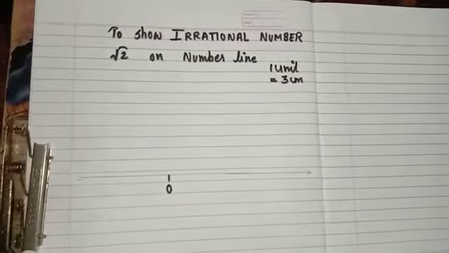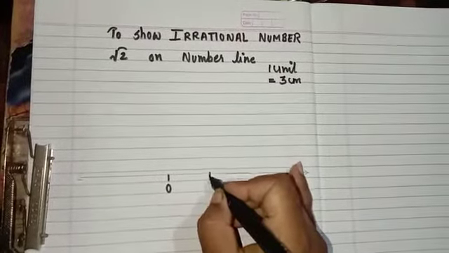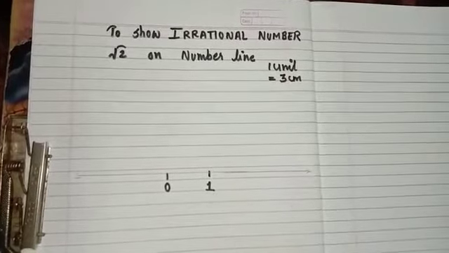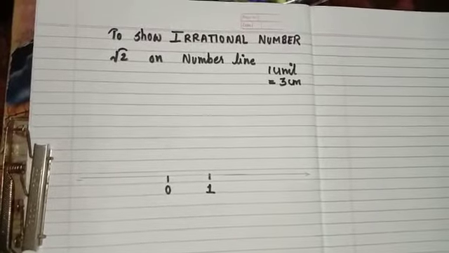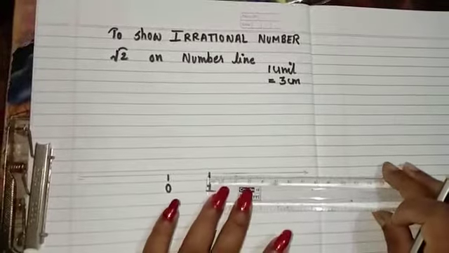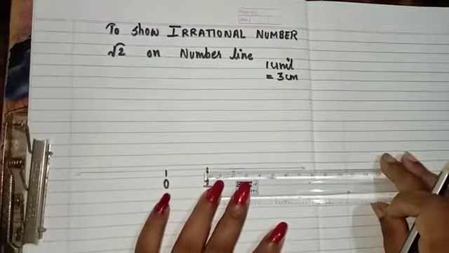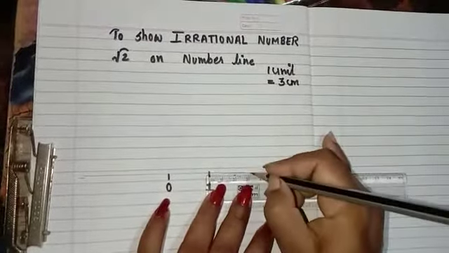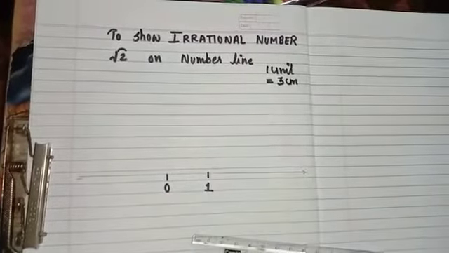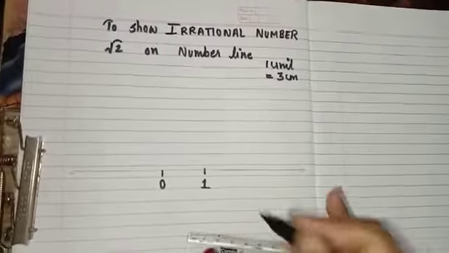After 1, 2 comes, so after 1 we again take a distance of 3 centimeters and draw one line there, that is 2.